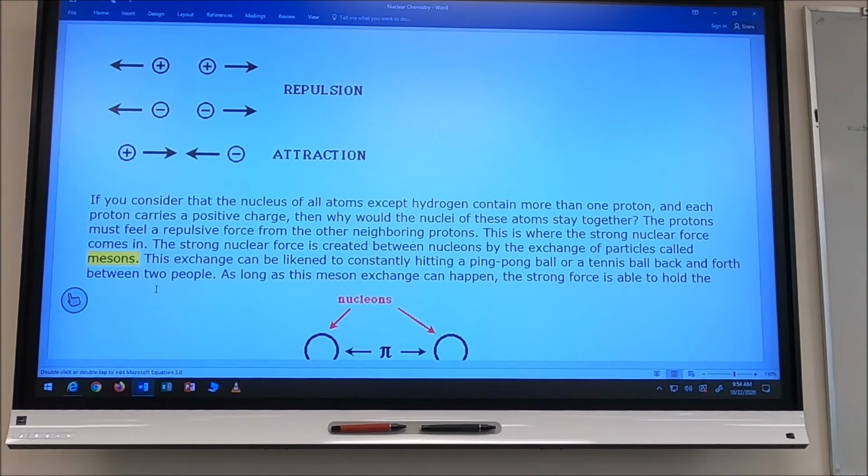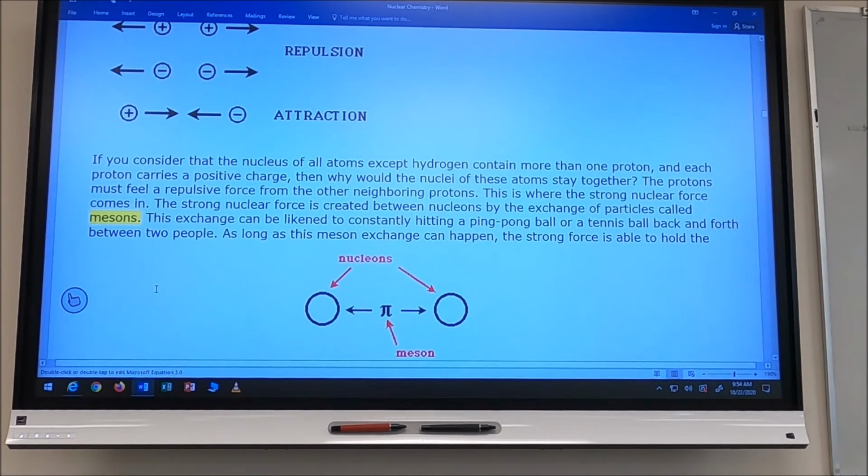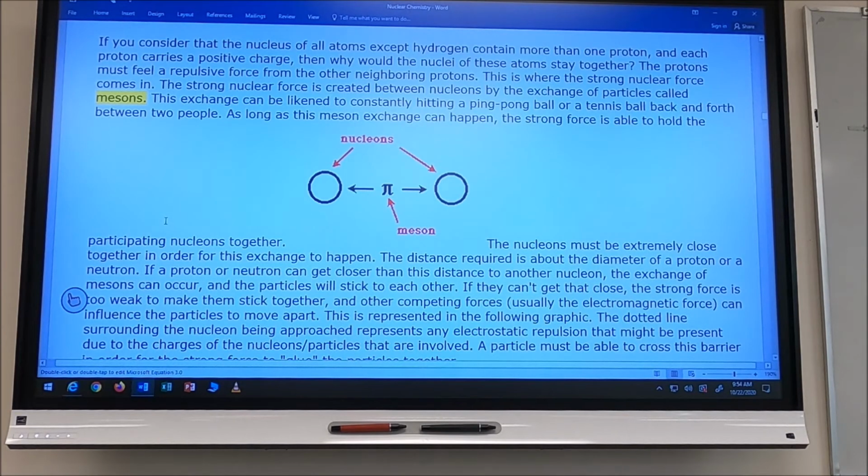Okay? We talk about them doing an exchange of a particle called a meson, which kind of ping-pongs back and forth between these particles. Okay? Now, you guys can read all about mesons. The strong force is too weak to make them sit together if they're too far apart.